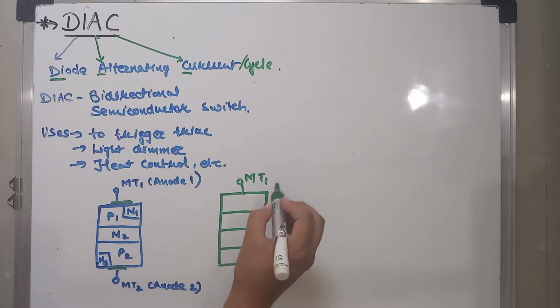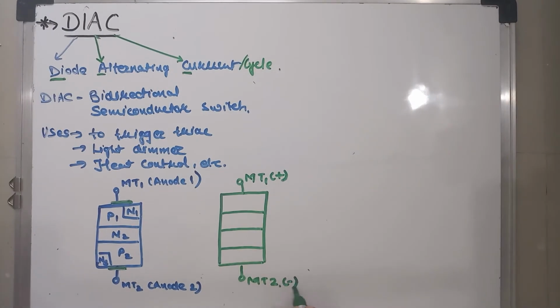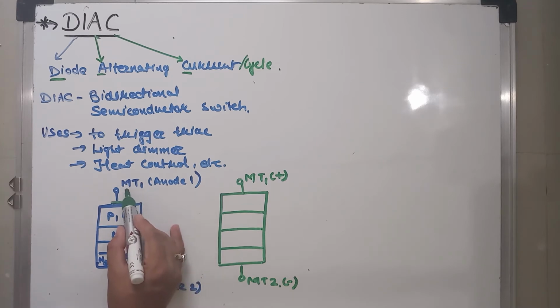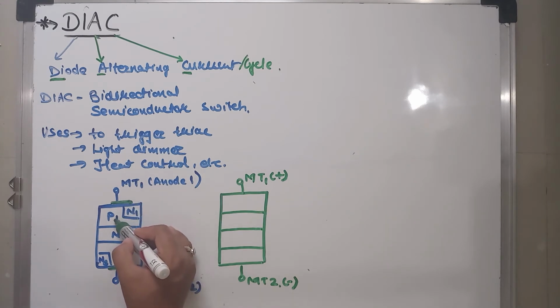When main terminal 1 is made positive with respect to main terminal 2, which layers are going to be activated? So see here, at that time P1 is activated.